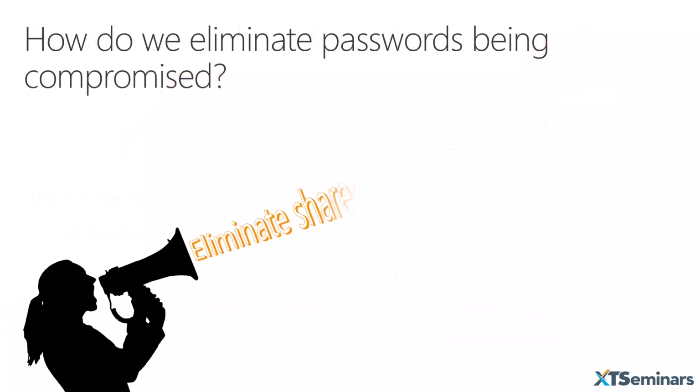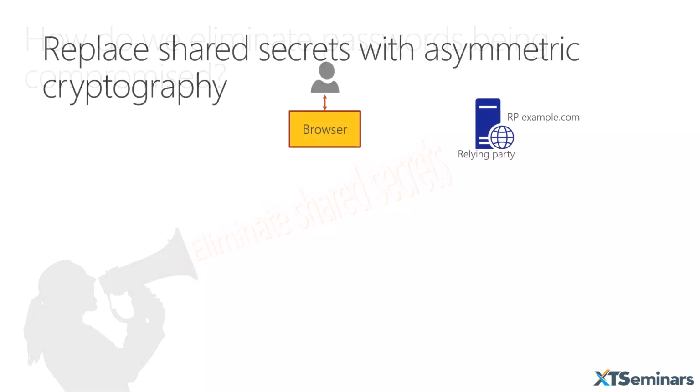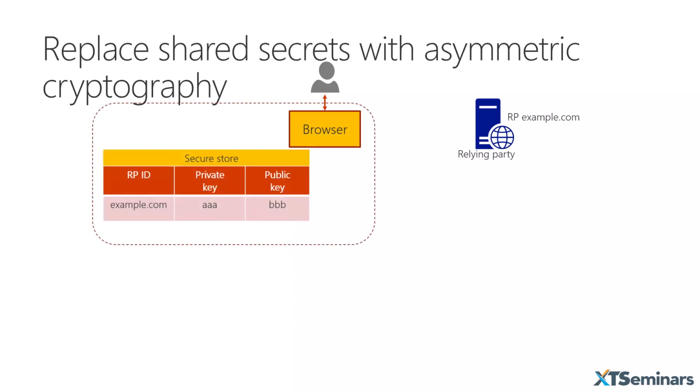And how do we do that? We eliminate shared secrets. So we need a new way of working. And we can replace shared secrets with asymmetric cryptography. So now we have a user that wants to access the relying party. The user has access to a secure store, and in that secure store is stored each relying party the user needs to go to.